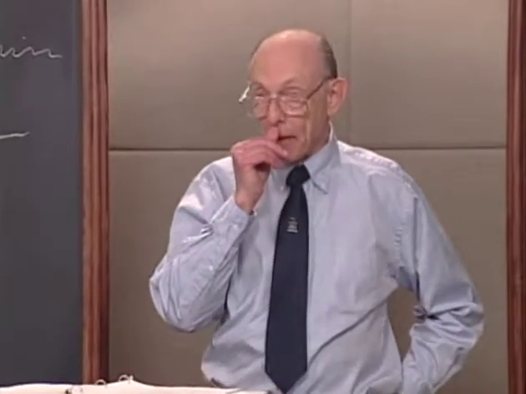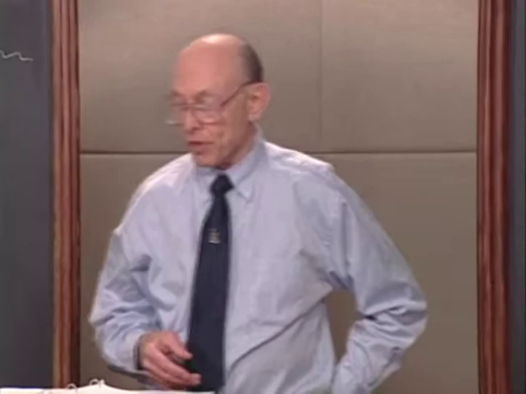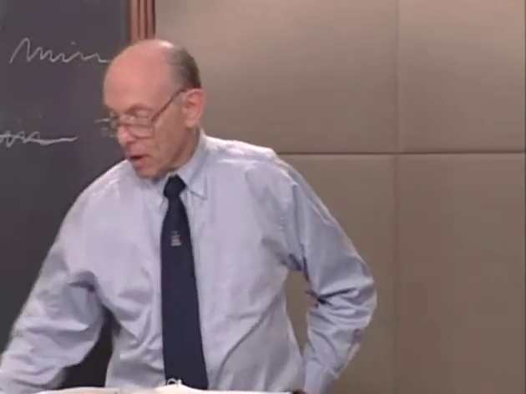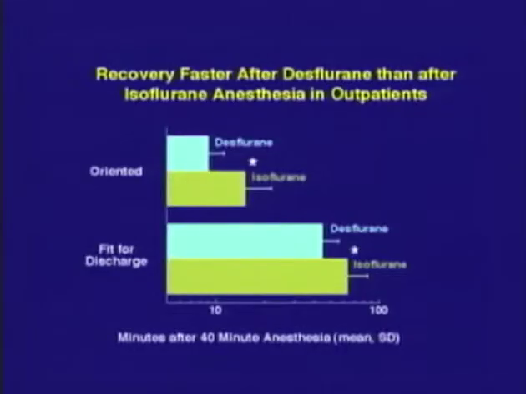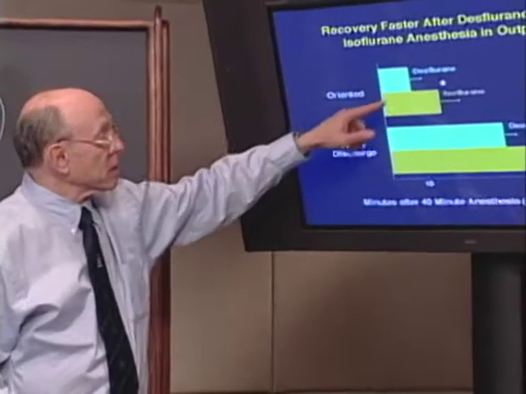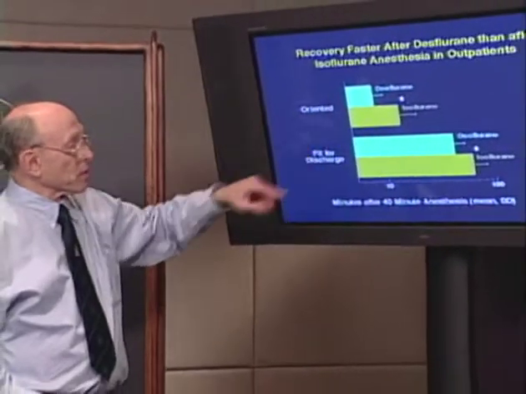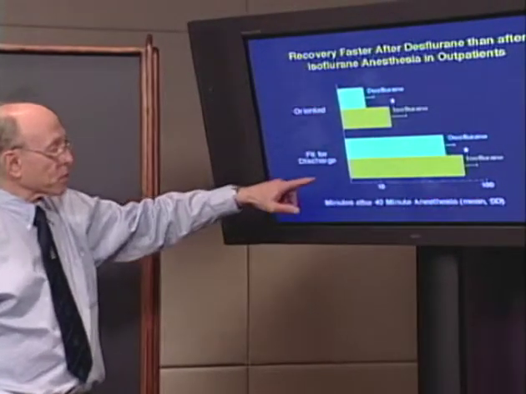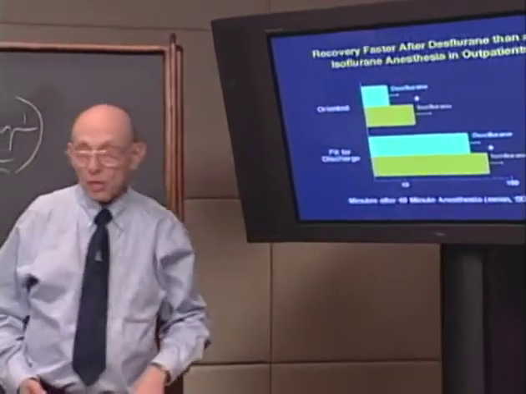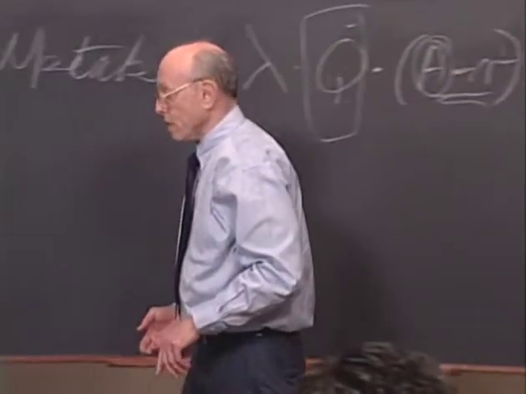Let's look at now recovery from anesthesia in adults. First, look at it for brief outpatient procedures. Here are some data from Lone and co-workers showing the recovery rate after desflurane compared to isoflurane. The patients given desflurane, indicated in this blue box, were oriented sooner than those given isoflurane and were fit for discharge, perhaps 15 minutes sooner than those given isoflurane.